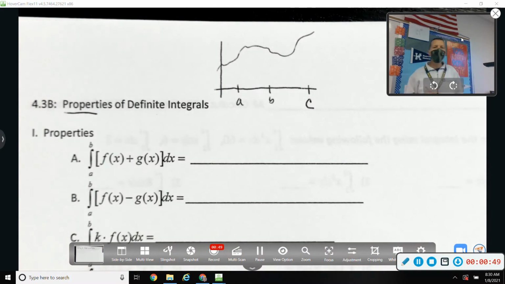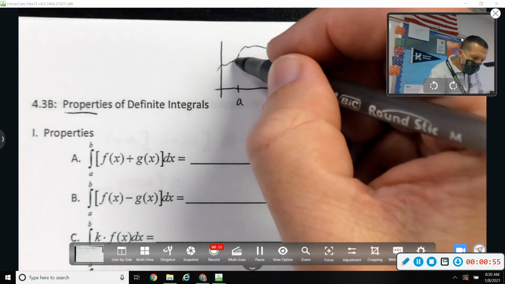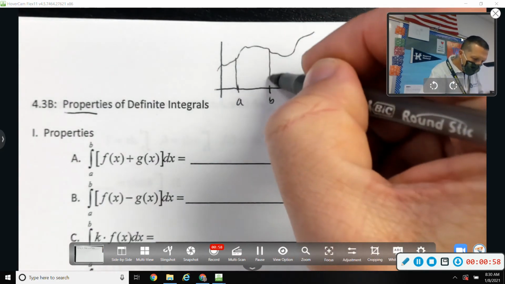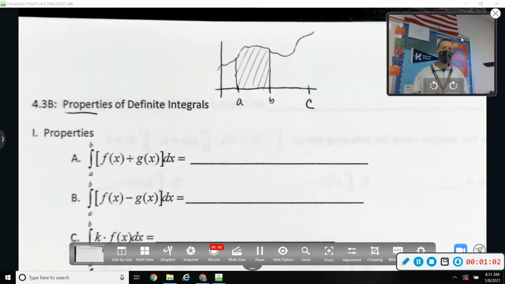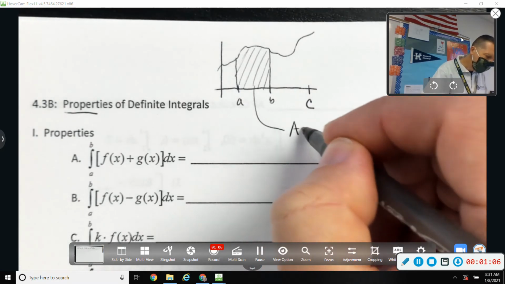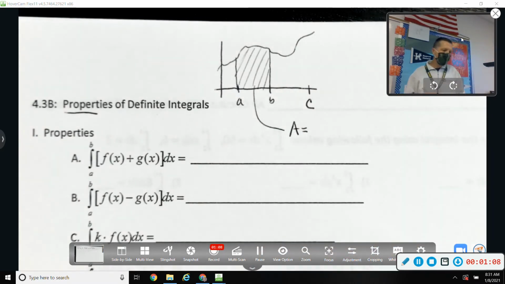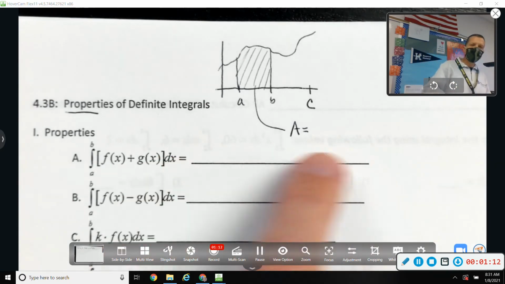I'm going to put 3 x values on there, a, b, and c. And so that area, be careful, try not to get into this line because we're going to need that line for notes in a minute.